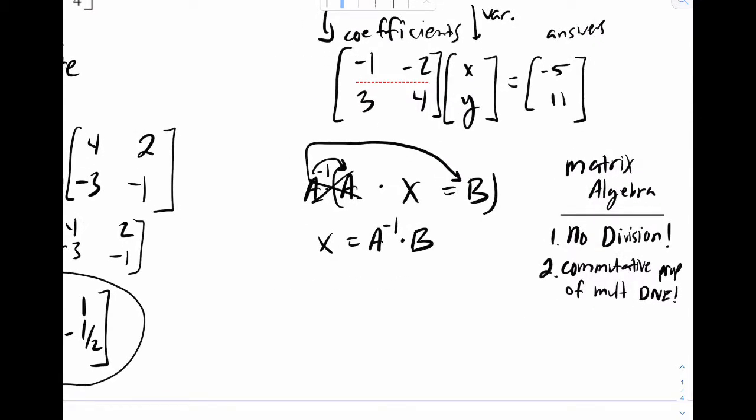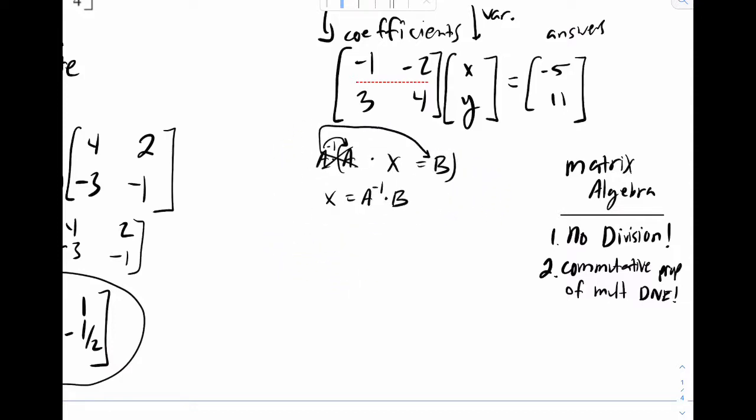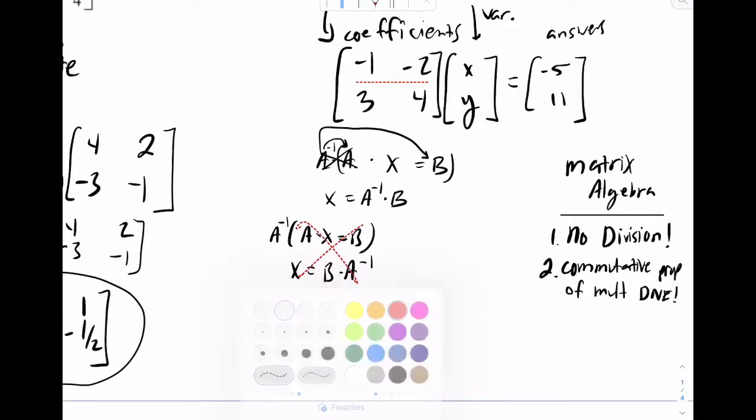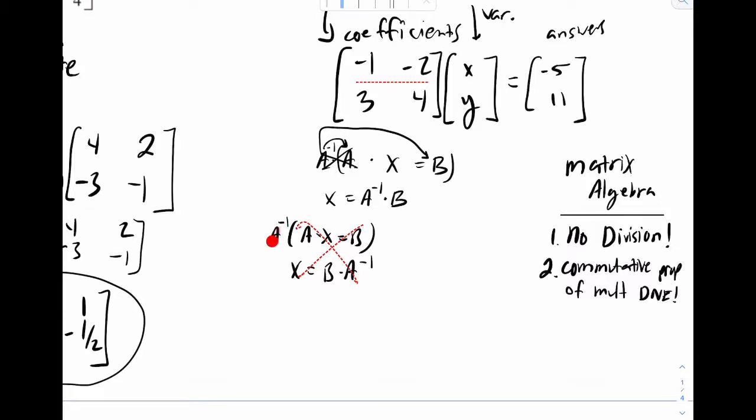That might look really easy, but a lot of people will do A times x equals b, A inverse, but then they write x equals b times A inverse. This is wrong. I multiplied the inverse on the left, and because the commutative property doesn't exist, you can't multiply on the right. It's no longer equivalent, which means this thing has to be on the left in order for it to be mathematically true.